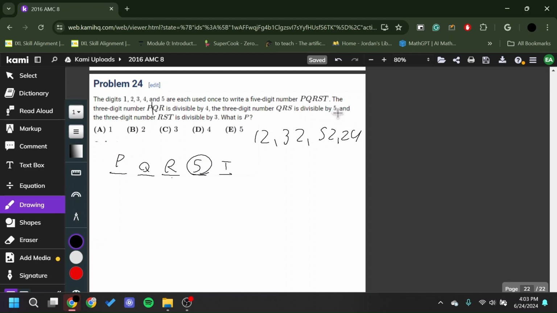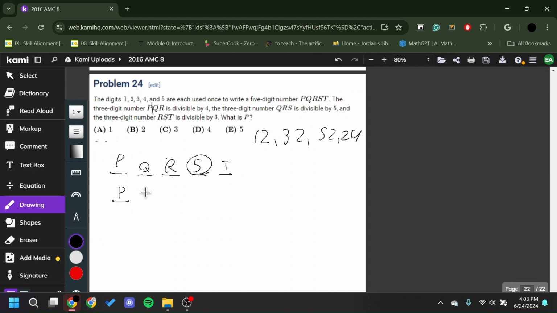So if R is equal to 2, then T has to be 2 or 5, but it can't, because those two options are both taken. Therefore, R must be equal to 4.